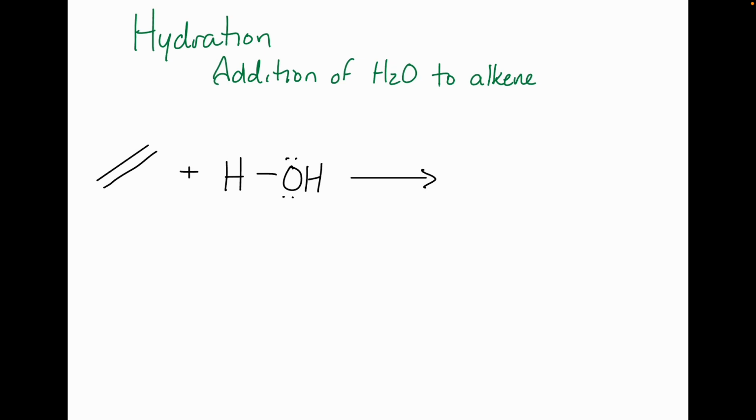What functional group do we get as our product? Alcohol. So we get an OH group on one side and a hydrogen on the other, right?